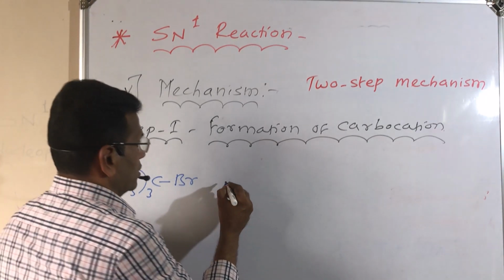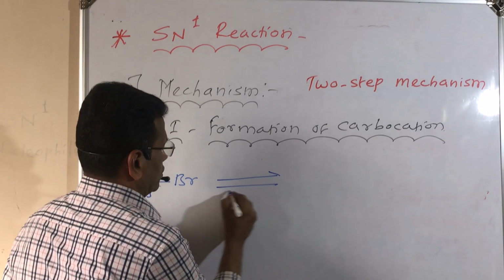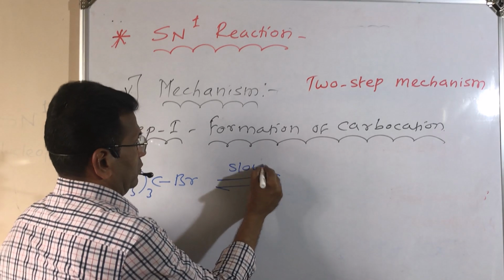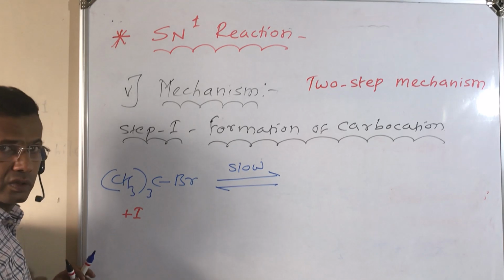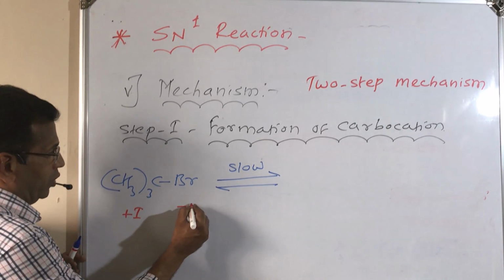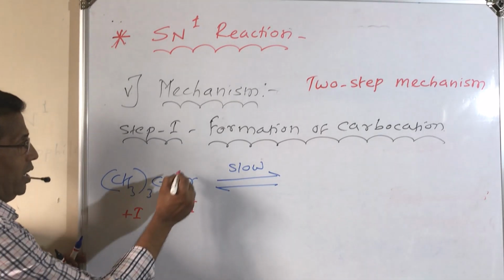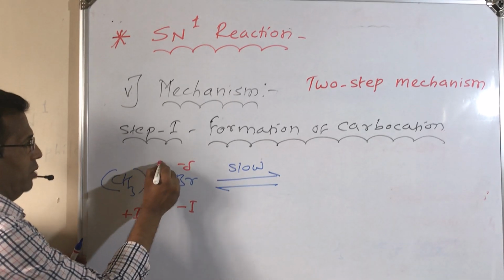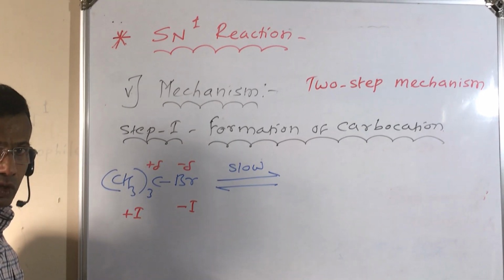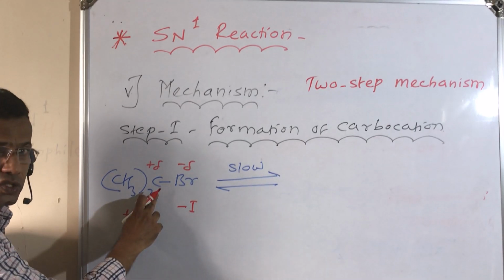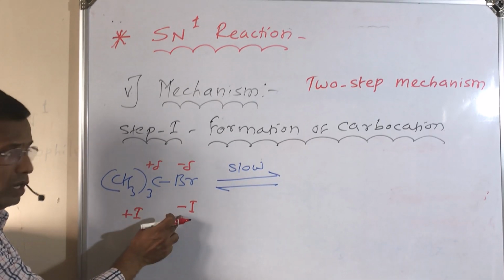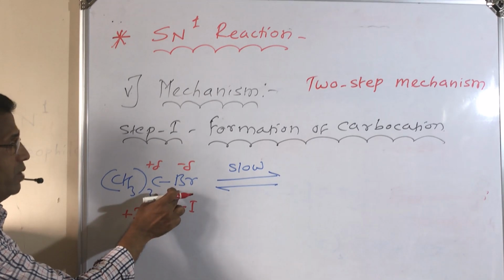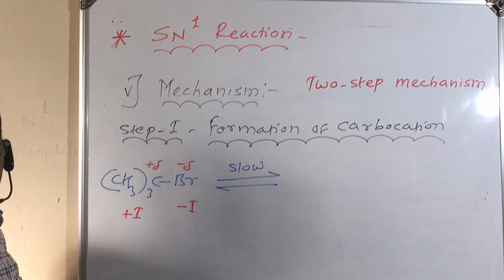So at first, by a reversible reaction, slowly, because of the positive inductive effect of 3 methyl groups and the negative inductive effect of Br atom, Br carries delta minus charge and carbon carries delta plus charge. So the magnitude of delta plus charge on the carbon atom is greater, and the C-Br bond is slowly broken by heterolytic fission.